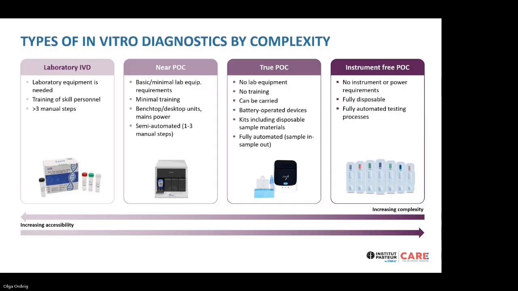In order to present it to you, I'm using the categories we used at FIND, the organization I was working at before, which created 4 categories. We are going to move from left to right, and you will see that we move from more complex to less complex. That also translates from less accessible to more accessible to individuals.